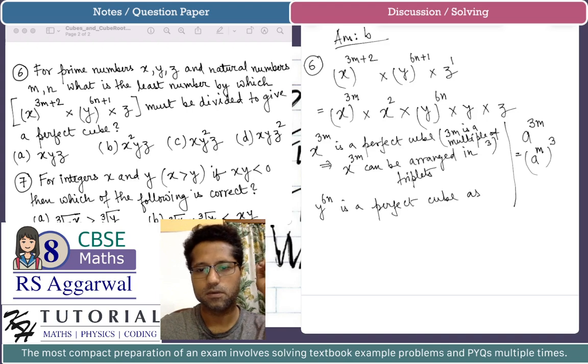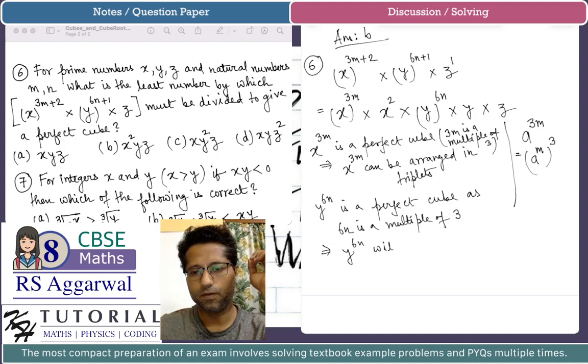as 6n is a multiple of 3. So this implies y to the power 6n will form triplets.